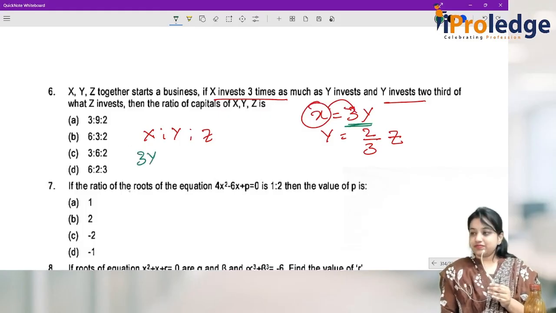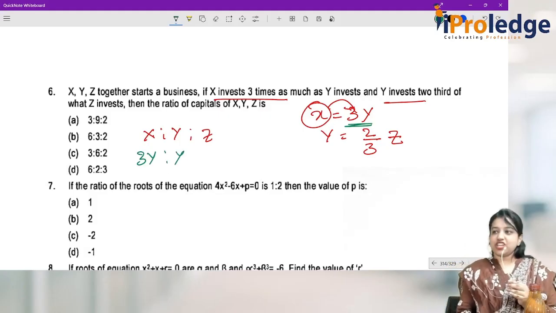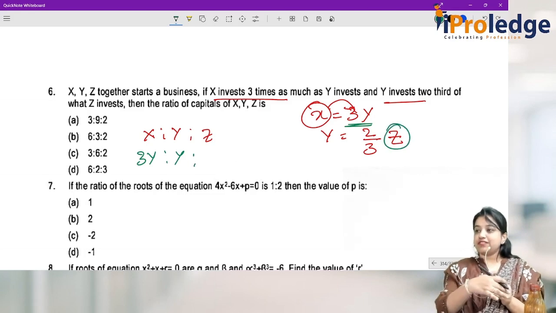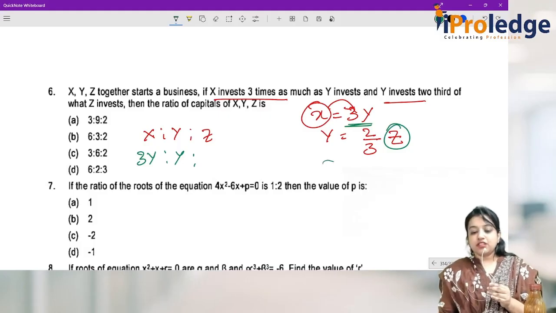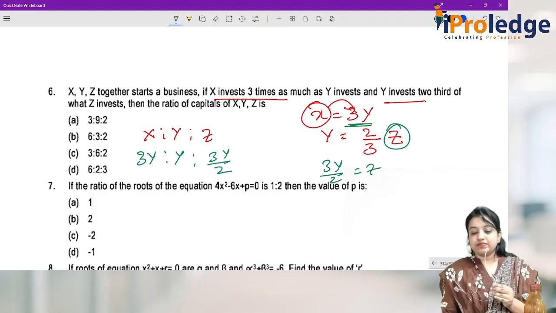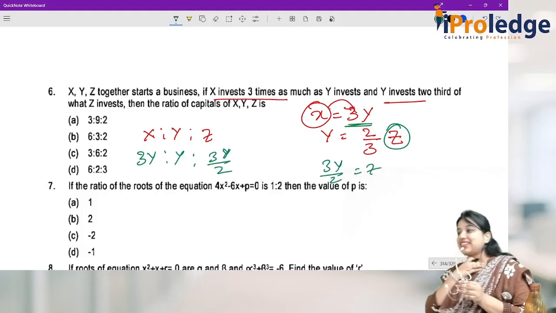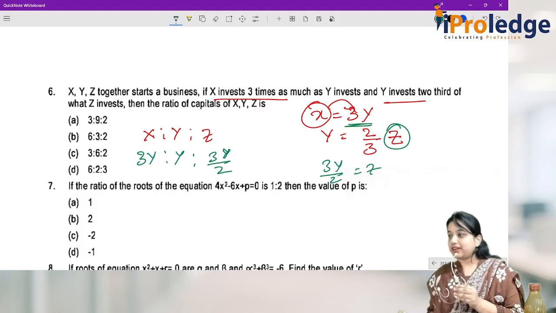3y. Correct? y I can keep as y, z I can take in terms of y. Sorry, it is the option method, but this is the solution part.